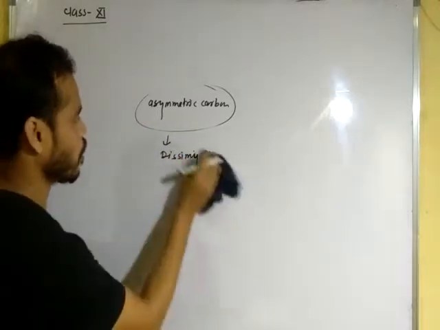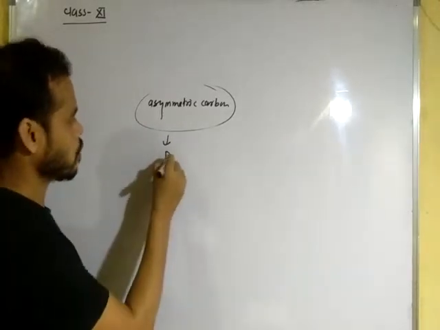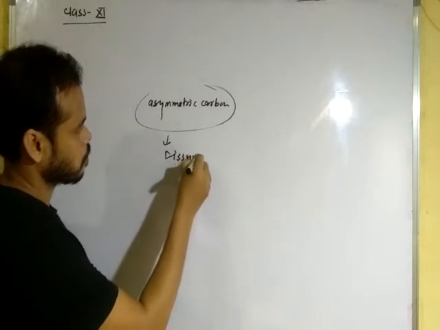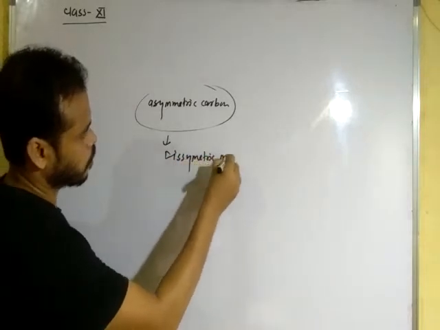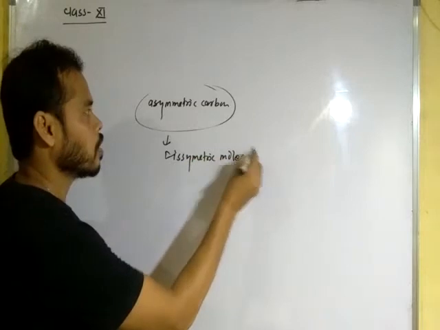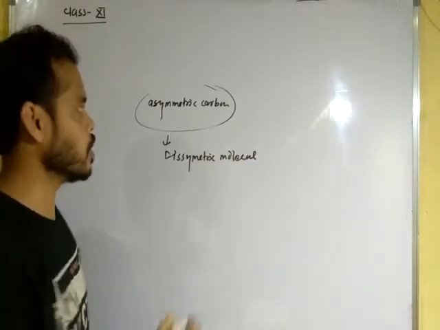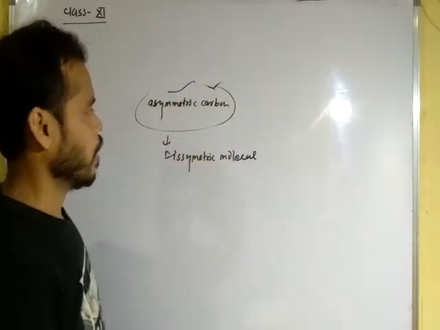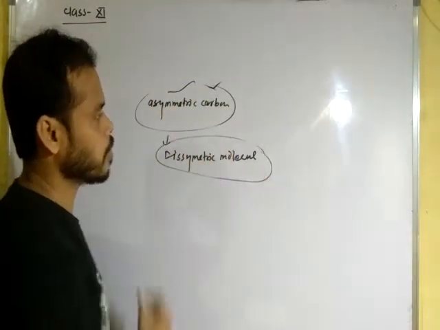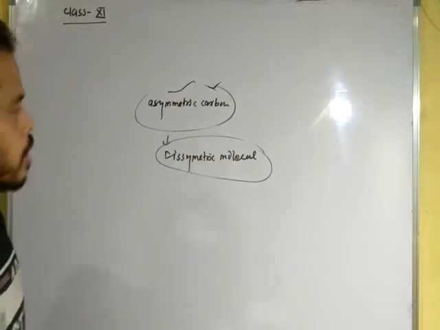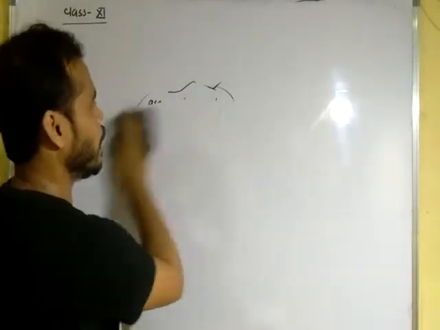The compound having a chiral carbon is known as an asymmetric carbon, and the molecule is known as a dissymmetric molecule.